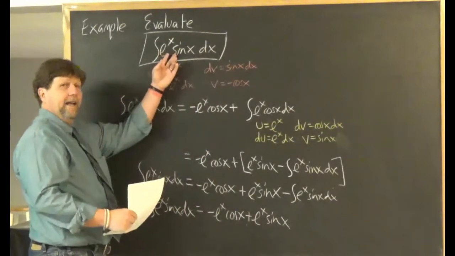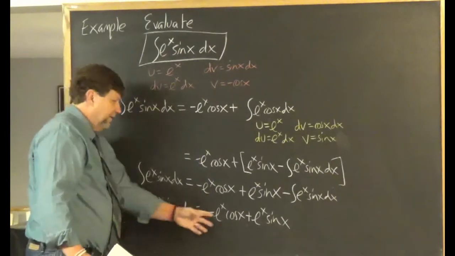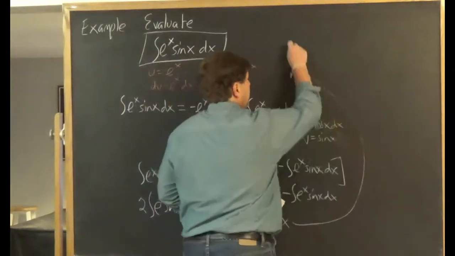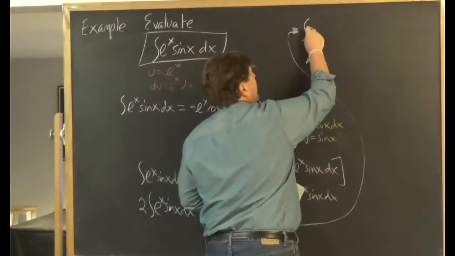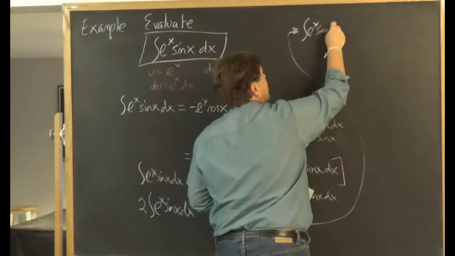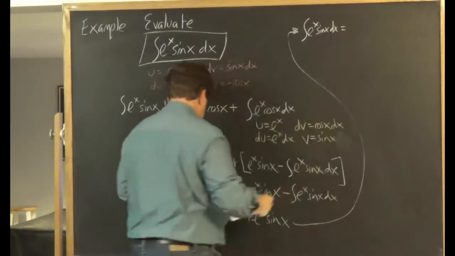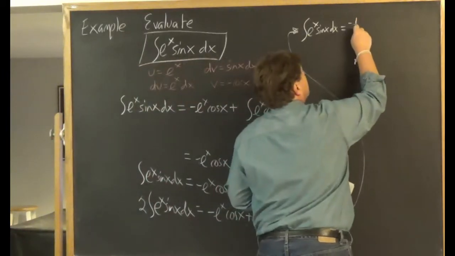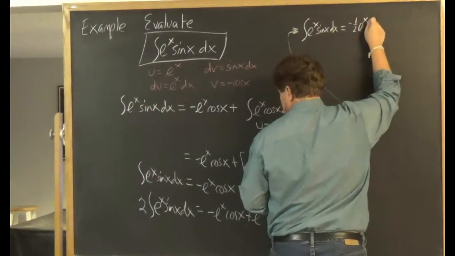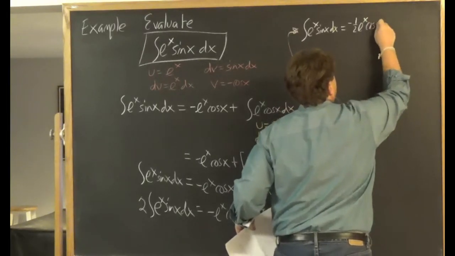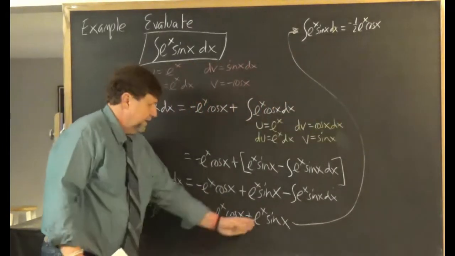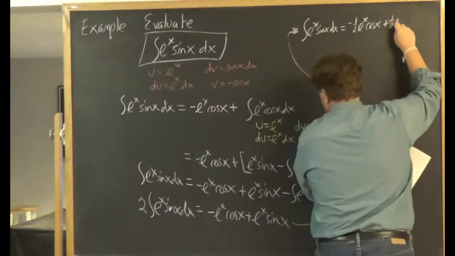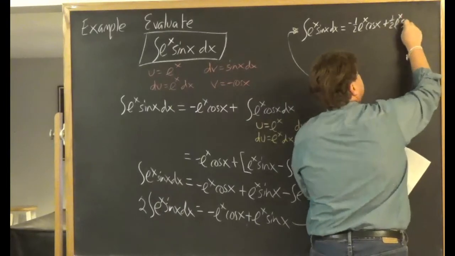So to get an answer for this, I just have to now divide both sides of this equation by 2, and boy, I have to pull it up here now. So I get the antiderivative of e to the x sine x dx equals negative 1/2 e to the x cosine x, divide by 2, plus 1/2 e to the x sine x.